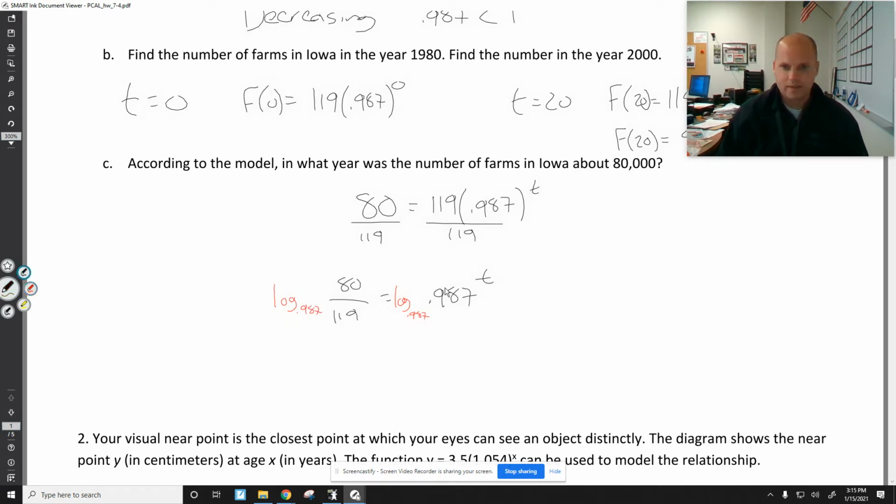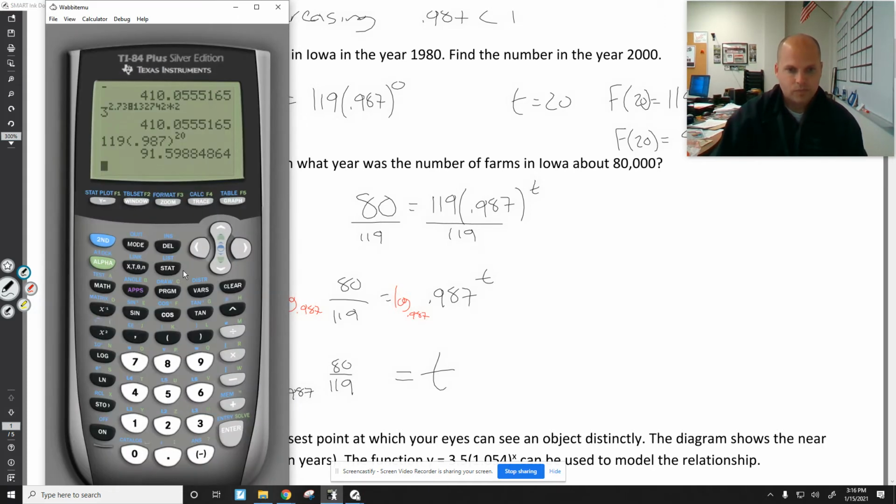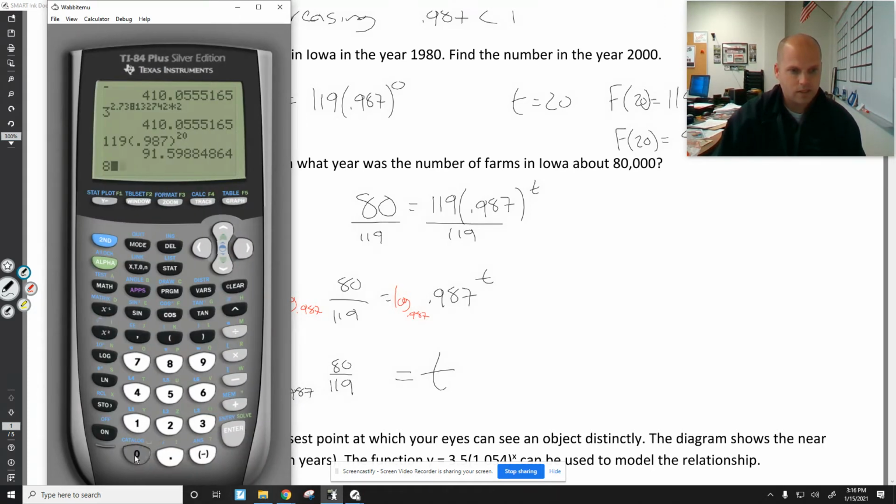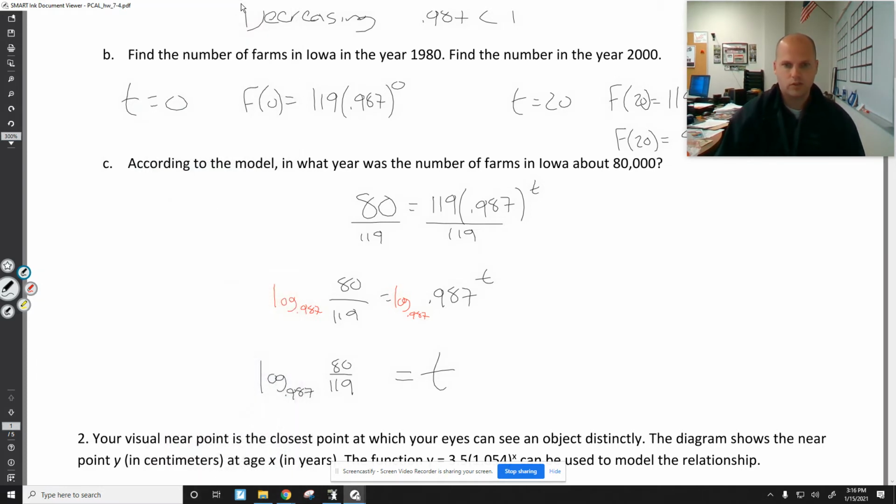Log base 0.987 of this is just going to cancel, leaving you with t equals log base 0.987 of 80 over 119. Let's just do that. 80 over 119. Math, we got log base. It's easy to use, so let's use it. Log base 0.987 of this number. You get about 30 years.